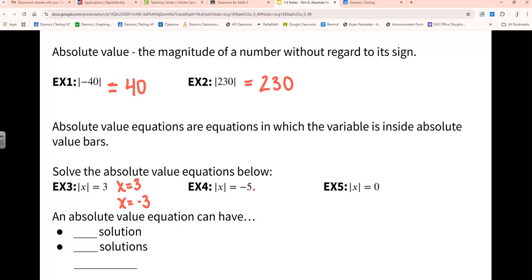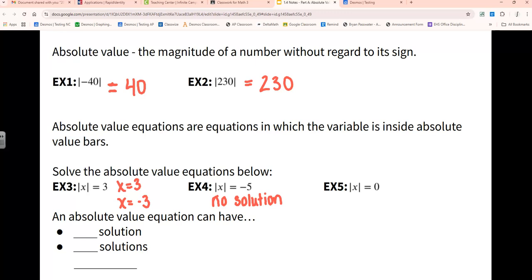It comes out without a negative, unless you live in my house and somebody's put gum in their pockets or something. But right here, absolute value of x cannot equal negative 5, no matter what. So this one would be no solution. If you get an absolute value bar equal to a negative number, that's going to be no solution for that problem.